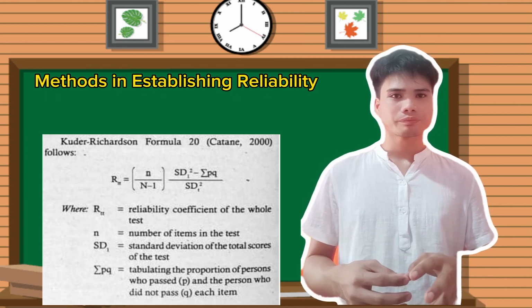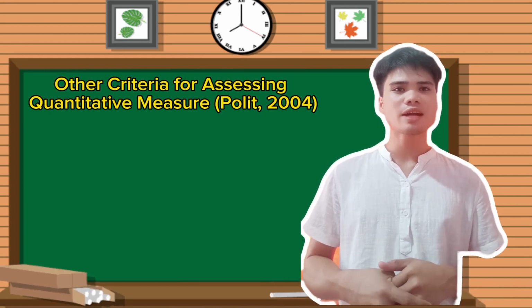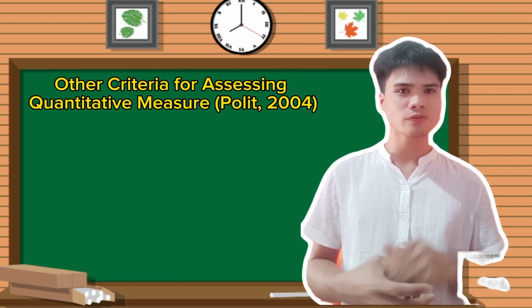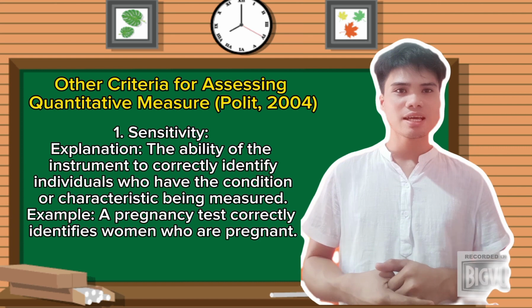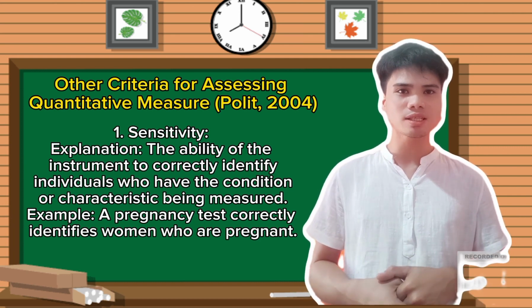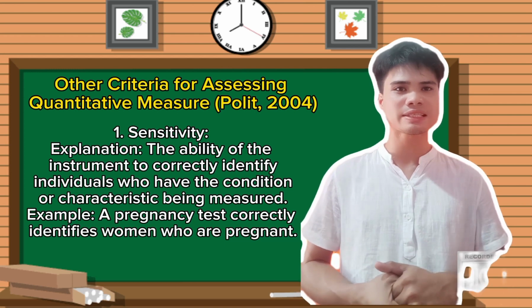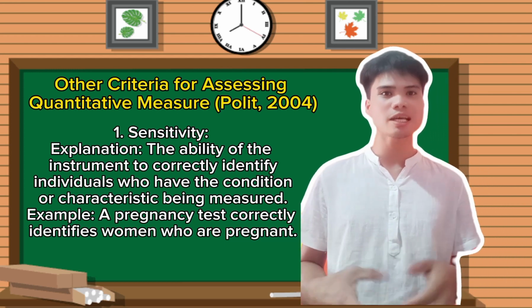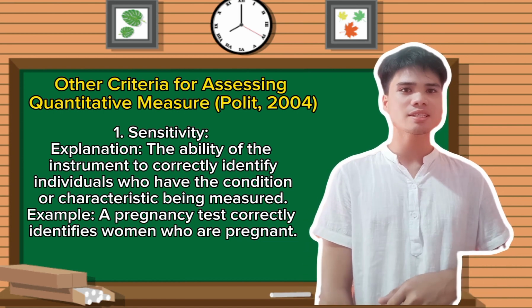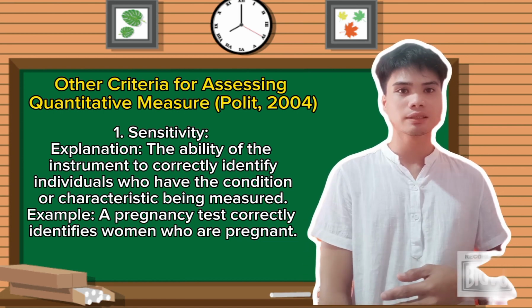And the other criteria for assessing quantitative measures, according to Polit of 2004. First one is sensitivity. So this is the ability of the instrument to correctly identify individuals who have the condition or characteristic being measured. For example, a pregnancy test correctly identifies women who are pregnant.